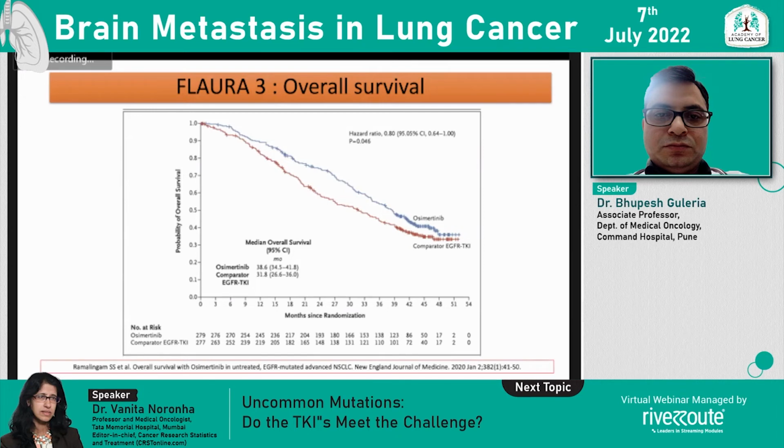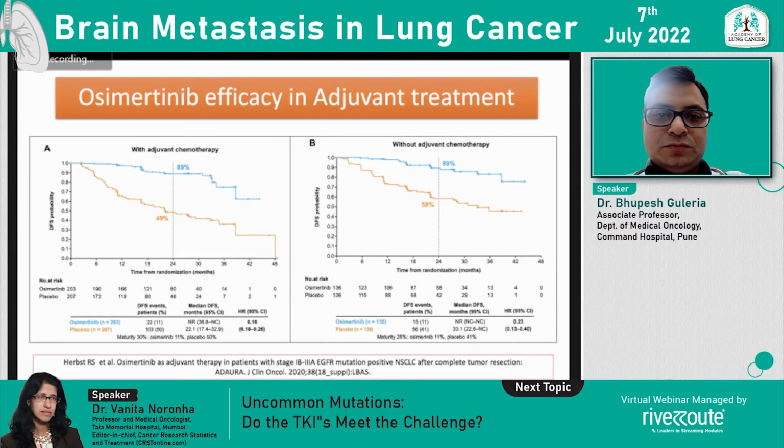In the FLAURA trial overall survival, we have a very significant improvement with osimertinib, that is 38.6 months versus 31.8 months.